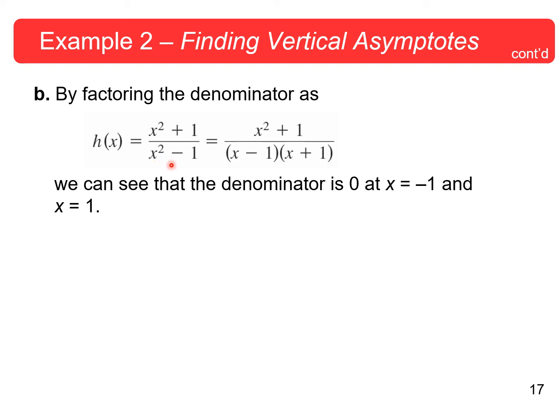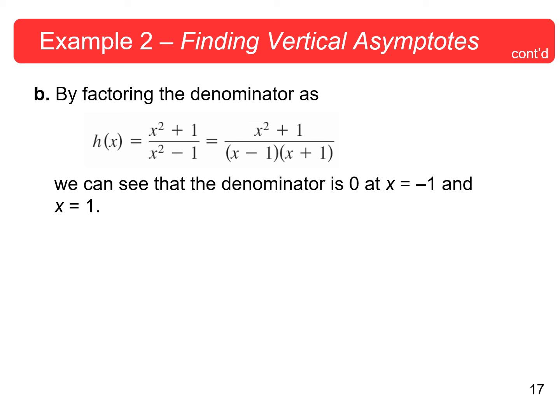The factors of x squared minus 1 are (x minus 1) times (x plus 1). And then we equate each factor to 0 and solve for x. If you equate this to 0, you have x equals positive 1. And if you equate this to 0 and solve for x, you get x equals negative 1.